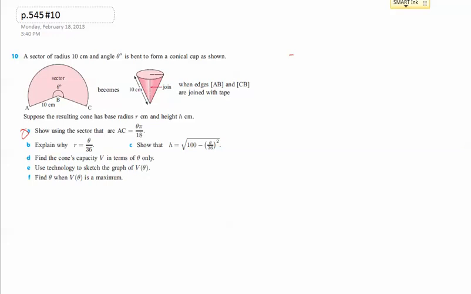Alright, so first thing we've got to do is we know that the arc length is equal to theta times r, but that's when theta is in radians. Now in this situation, theta is not in radians, theta is in degrees, so we're going to have to turn the degrees into radians.